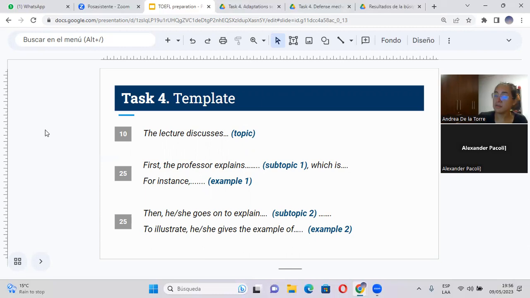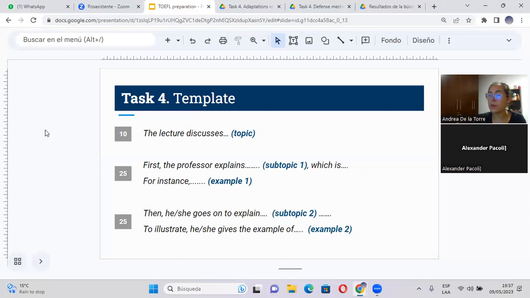And then you say, then she goes on to explain that other animals have the ability to generate light to catch prey. To illustrate, she gives the example of the anglerfish, which has a little light in its mouth or close to its mouth, and this light attracts other animals that the anglerfish can later eat. So I'm not giving too many explanations, but what I am really doing is mentioning the two topics and the two examples. Usually the examples are self-explanatory.